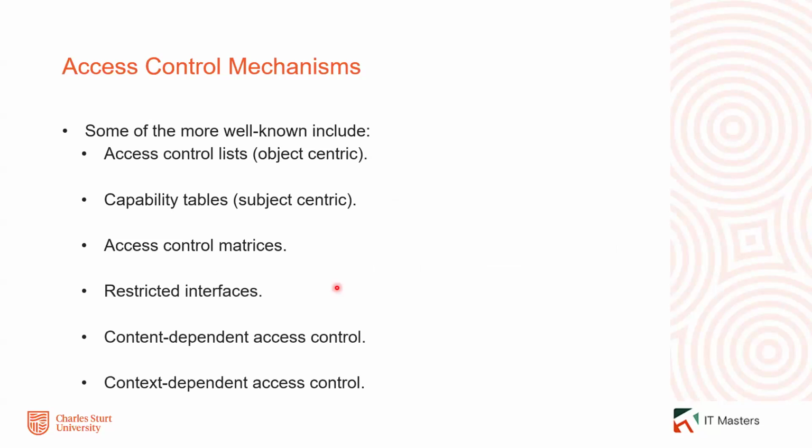Some access control methods, some of the more well-known ones, include access control lists. Now, access control lists are very object-centric, so they're focusing on access to particular objects. Depending on the type of access control, if you really strip it down to access control lists in a Cisco implementation, that's not 100% strictly true, because you can base it on the subject as well.